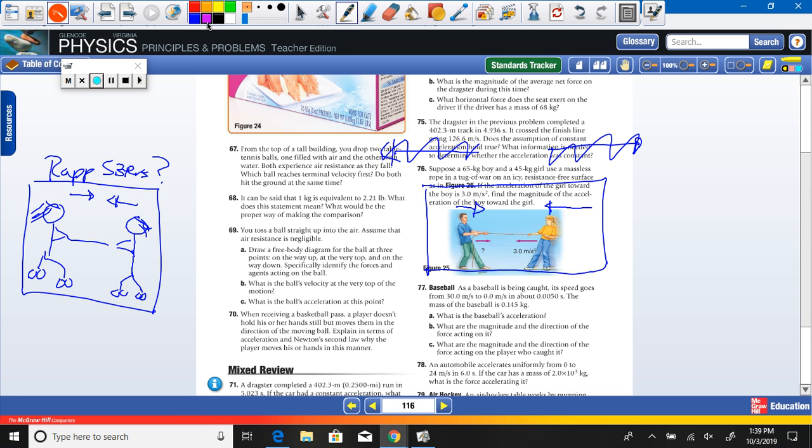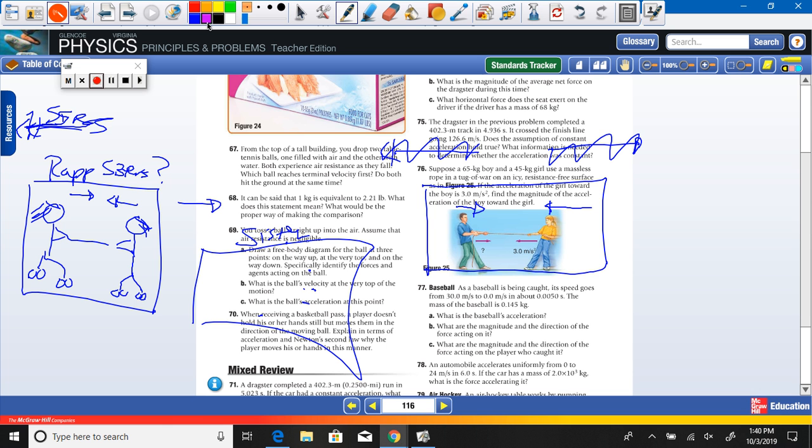No, they moved opposite each other. Then what was the overall acceleration of the sisters? Nothing. So what was the overall net force of the sisters? 0. If there was a net force in this direction, both of the sisters would have ended up over here after their tug of war. If there was a net force this way, the Rapp sisters would have ended up on that side.